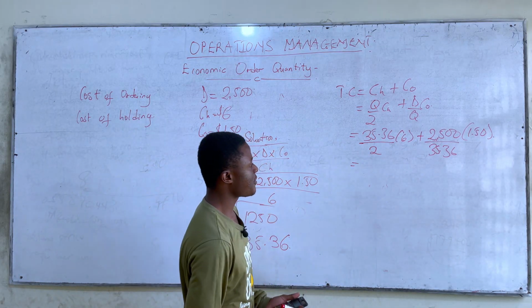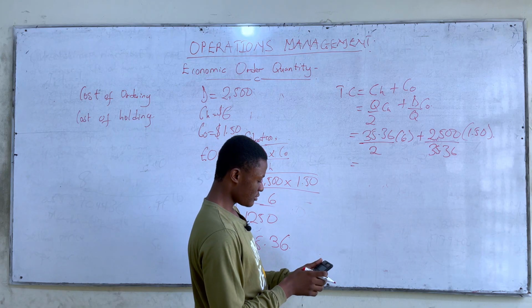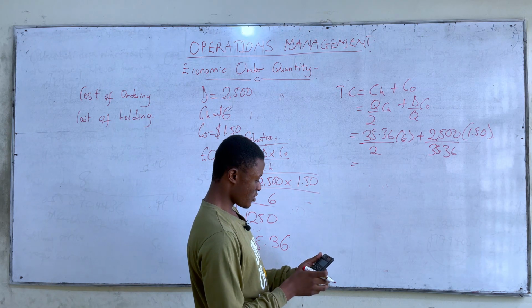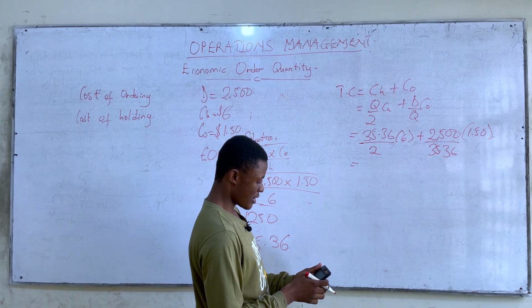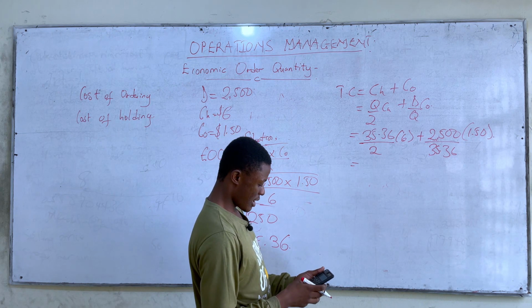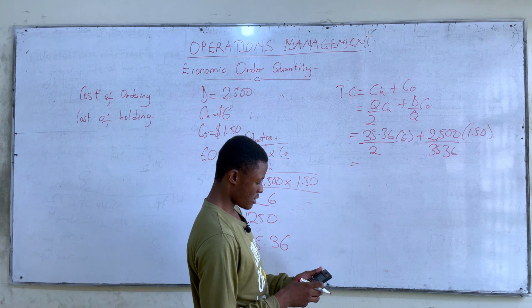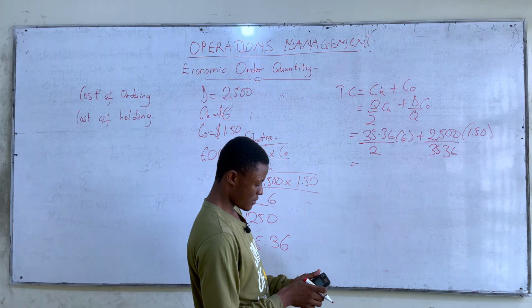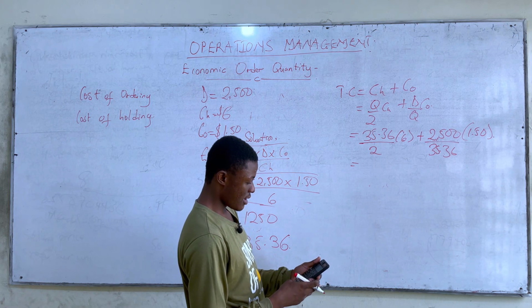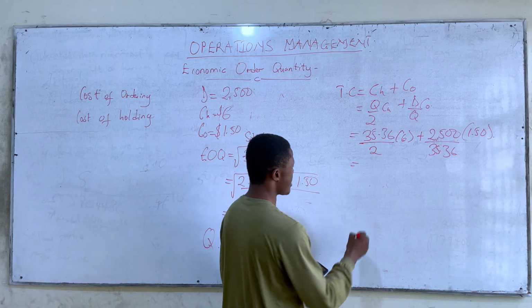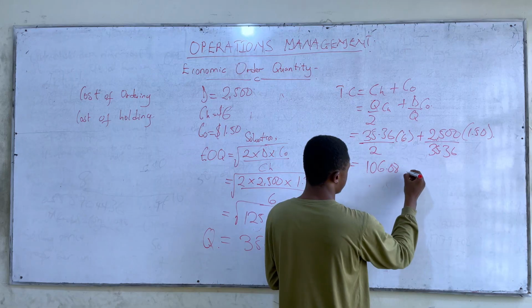So if you are supposed to find this, let's put it in the calculator: 35.36 divided by 2, times 6. So here we are getting 106.08.